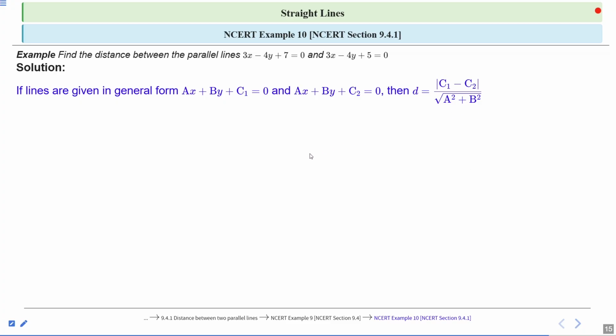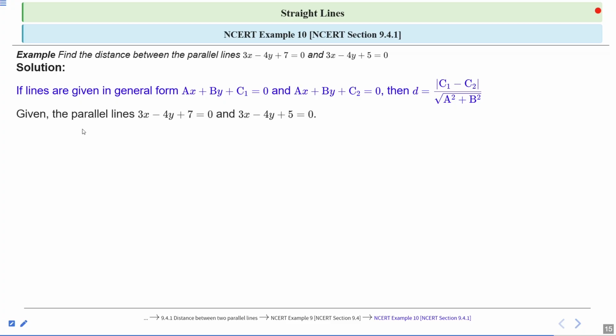First of all, we have to identify the values of c1, c2, a and b. If we obtain the values of a, b, c1 and c2, then we can easily apply this formula and obtain the answer. So let's try to solve this.